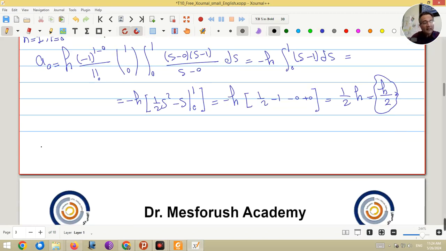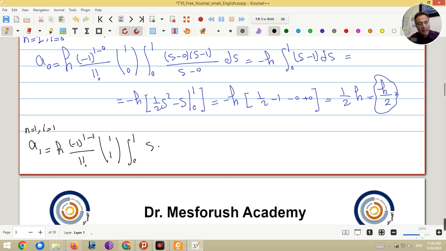And exactly in the same way, I want to compute A1. Note that n equal to 1, i equal to 1. So A1 is h times (-1) to the power of 1 minus 1 over 1 factorial, combination 1 of 1, integral from 0 to 1 of (s minus 0) times (s minus 1) over (s minus 1) ds.